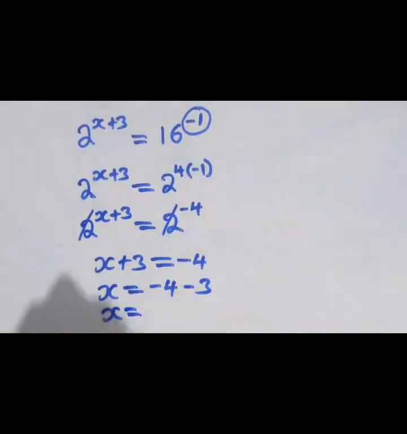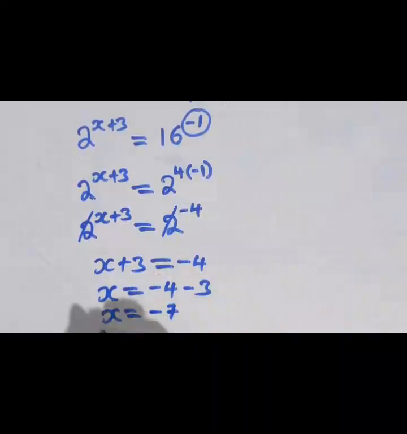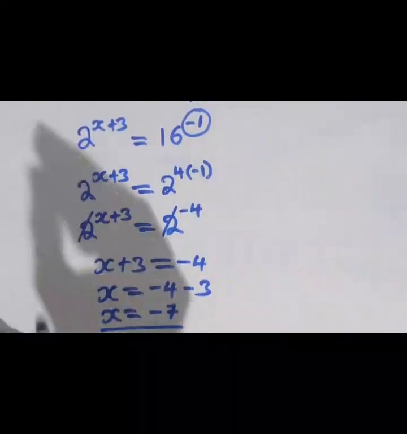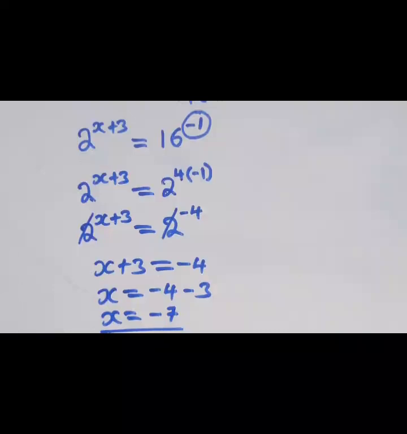Negative 3 minus 3, you're going to have your answer as negative 7. Therefore, this is how you can find the value of that x. Okay, this is how you can solve that kind of an equation.